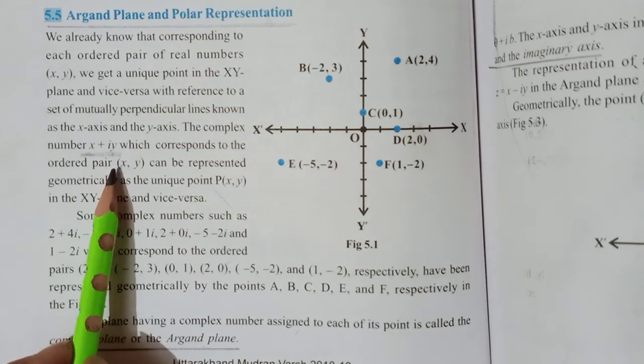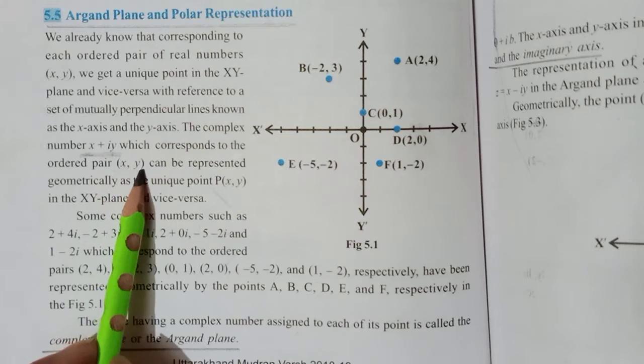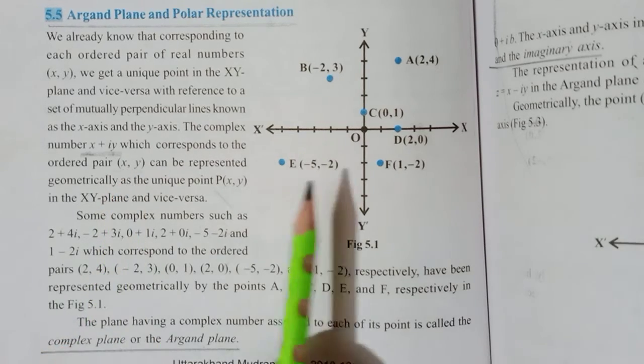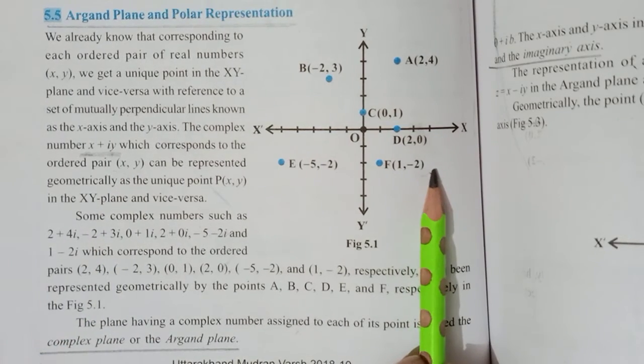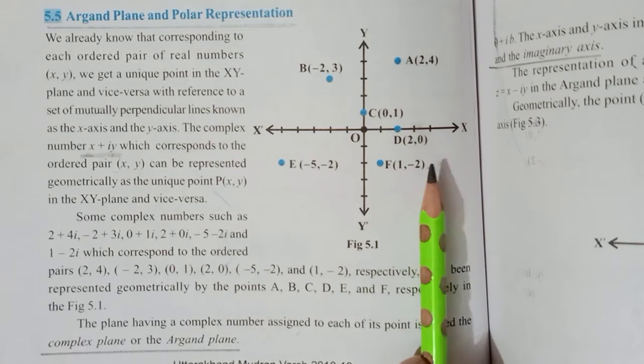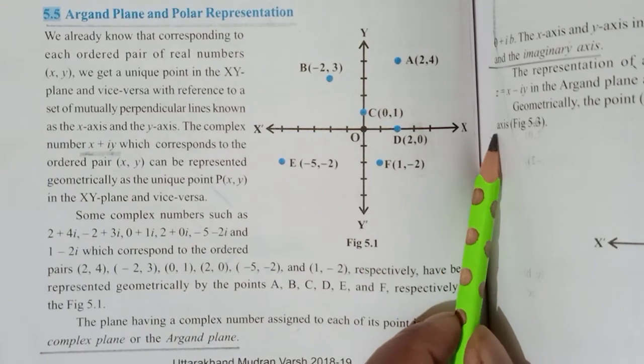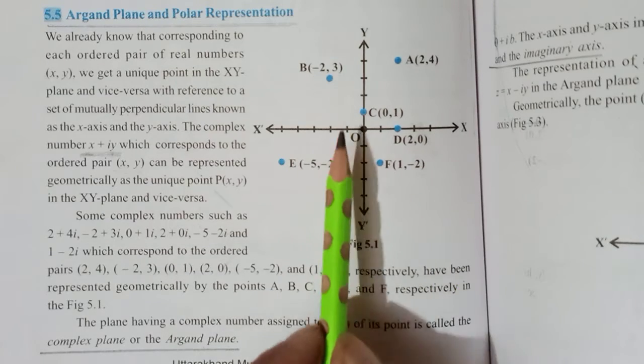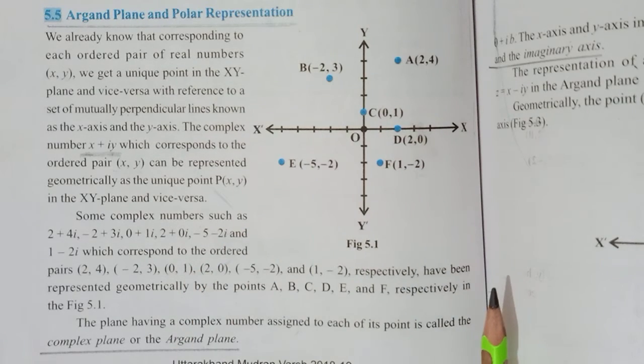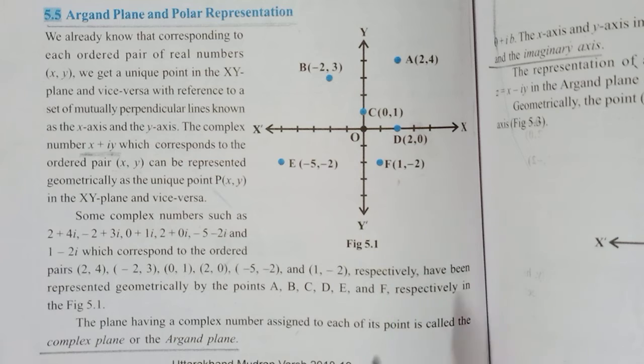Associated with every complex number, again we have an ordered pair. So we can represent a complex number in a plane. And in this plane, which is representing complex numbers, the x-axis corresponds to the real part of that complex number, and along the y-axis we consider the imaginary part. This is known as an Argand plane, or that is why we also call it a complex plane.